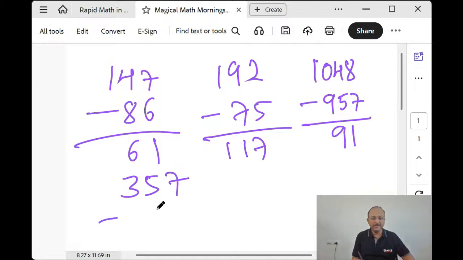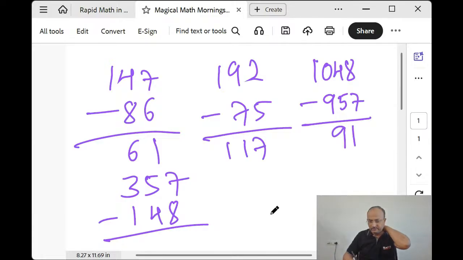357 minus 148. Take either 200 or 300 as base. It is easier to take 200 as the base, because with the smaller one, subtraction will always become easier in that case.